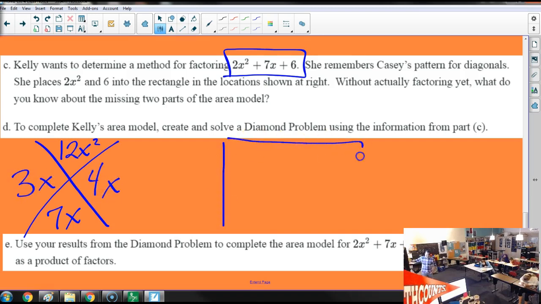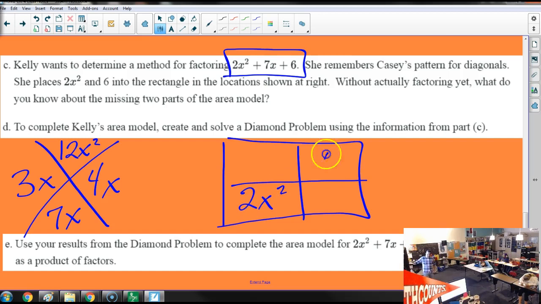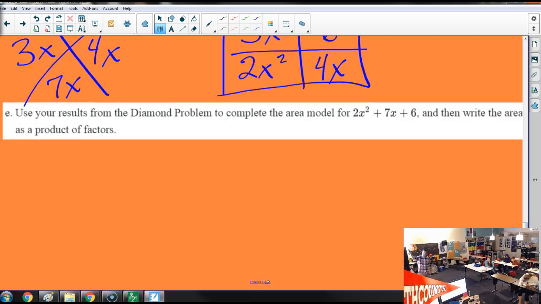I can then set up the diamond, or sorry, the rectangle. I already did the diamond. 2x squared and 6. I always put those in first. It doesn't matter where you put the 3x and the 4x, because if I make that weird choice, everything will trade places, and my binomials, my dimensions, will come out the same.